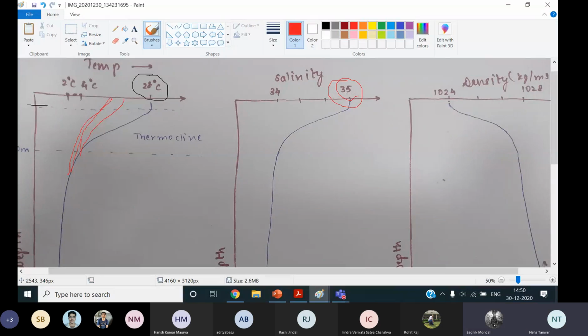Think in terms of, let's say, the Bay of Bengal, where the Ganga reaches the ocean.